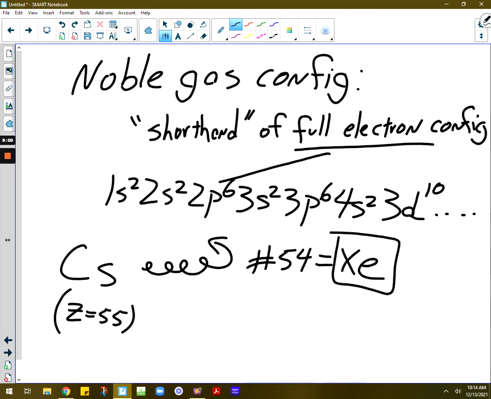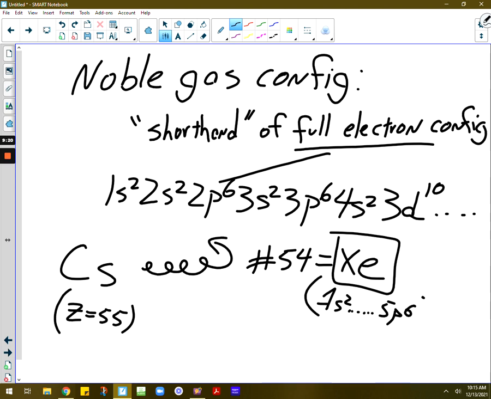Xenon's a noble gas. Now, everything up to the point of xenon goes through 5p6. So it's going to encompass everything from 1s2 all the way up to 5p6 and all the stuff in between.